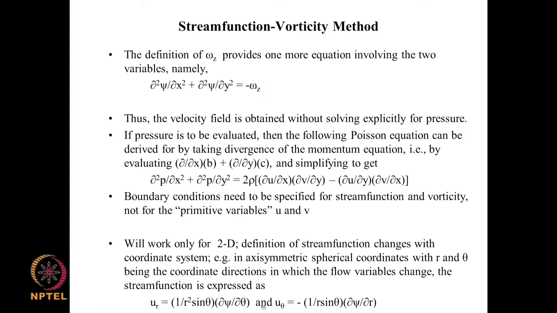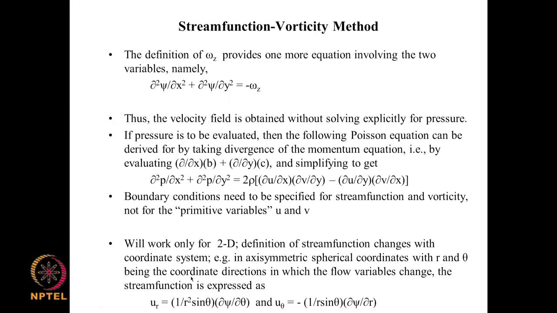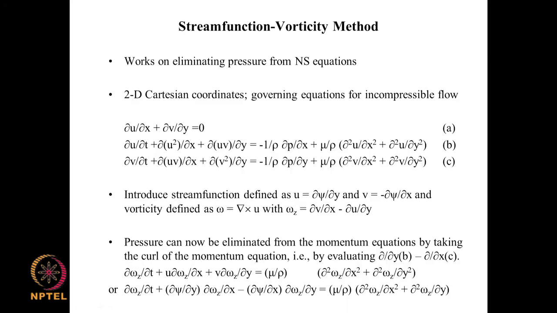The two non-zero velocities u r and u theta are linked to derivatives of the stream function in this particular way. Here we just defined u as dou psi by dou y and v as minus dou psi by dou x, so that once you substitute into the 2D continuity equation for this flow, we can guarantee that the continuity equation is satisfied.